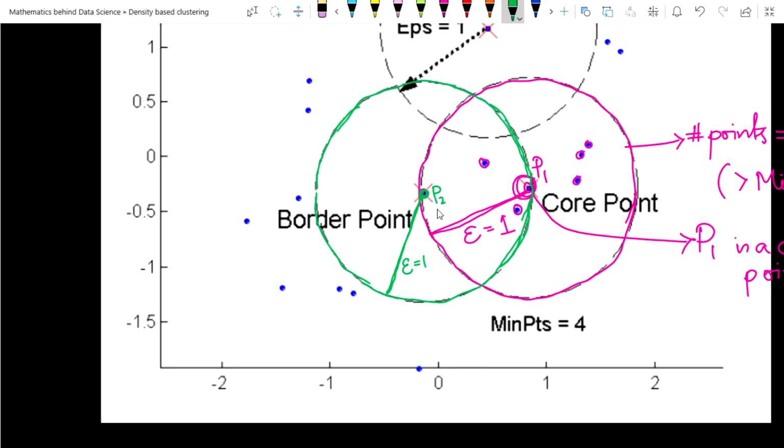Now let's find the number of points in this region. The number of points in this region is 1, 2, 3, 4. Only 4 points we have.